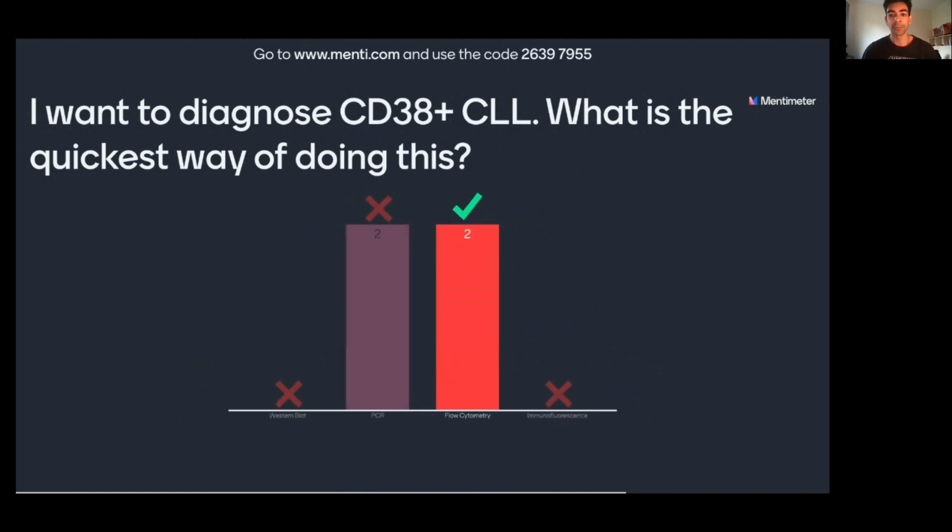Ooh, 50-50. So you would use flow cytometry just because it's a cell surface molecule. And what we said is it's much quicker at looking at cell surface molecules.